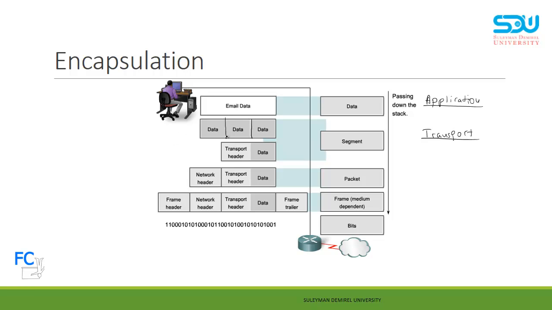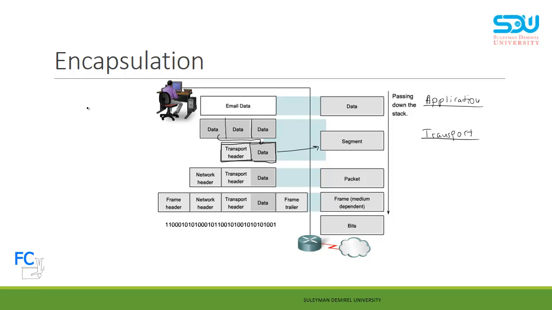Then, to each piece of data, we add an additional header. This is additional information about which application this data comes from and to which application this data will travel. And our small piece of data becomes a segment.